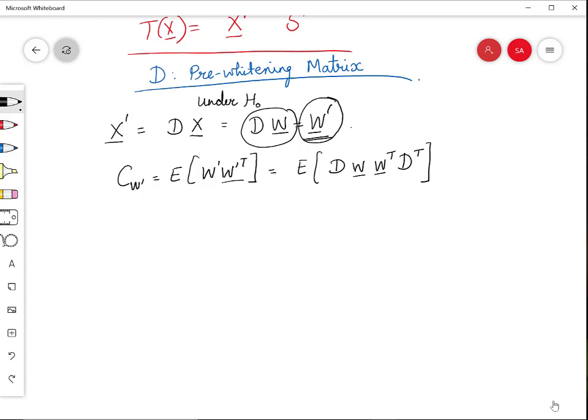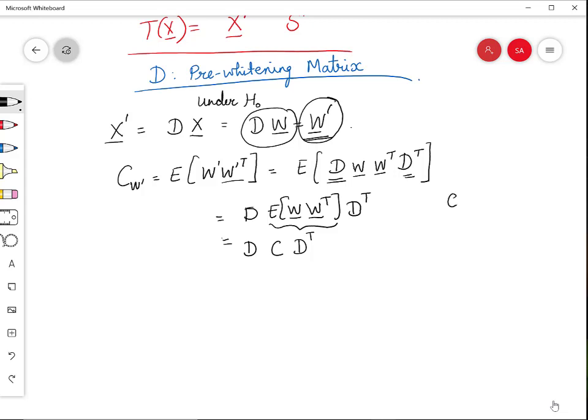D is a constant, so it can come out of the expectation. So this is D times the expectation of W W transpose, times D transpose. Now the expectation of W W transpose is C. So this is D C D transpose.